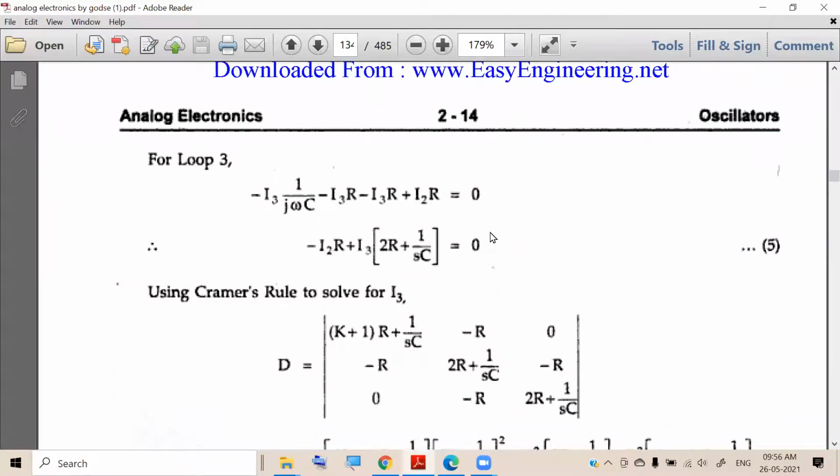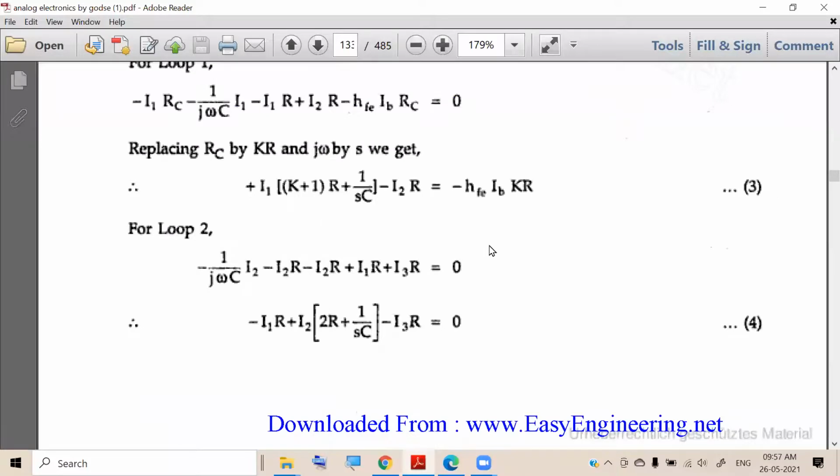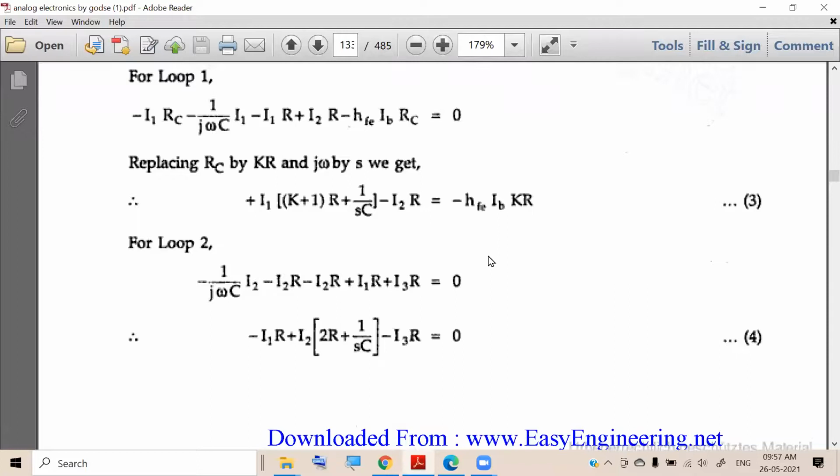So we are using Cramer's rule from mathematics to solve the three equations with three variables.